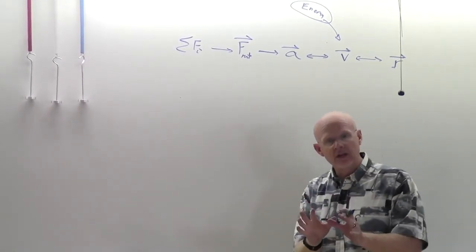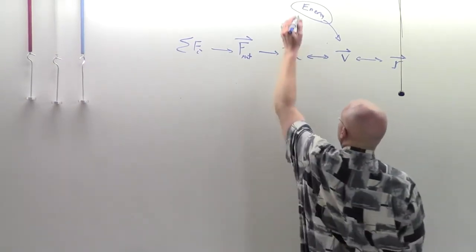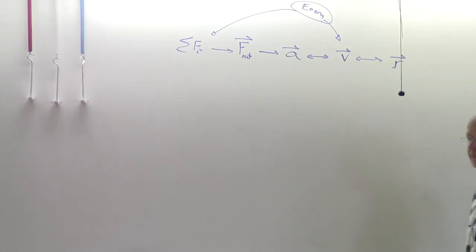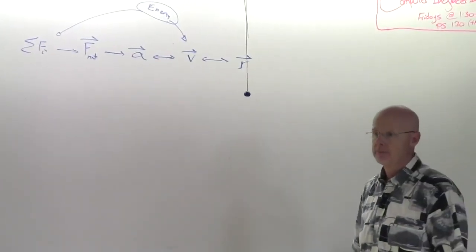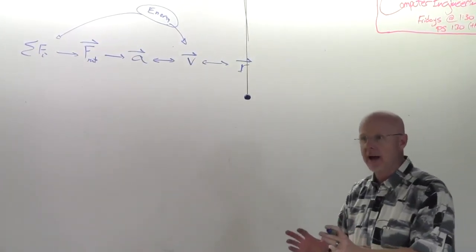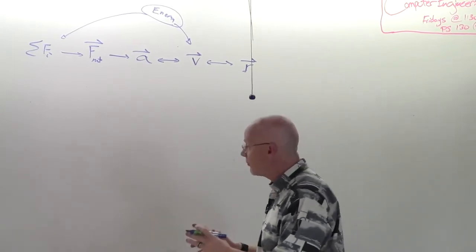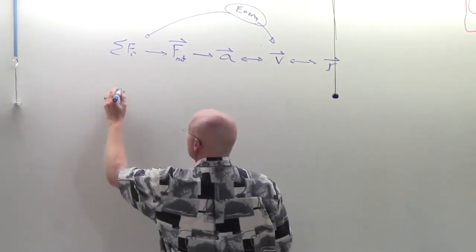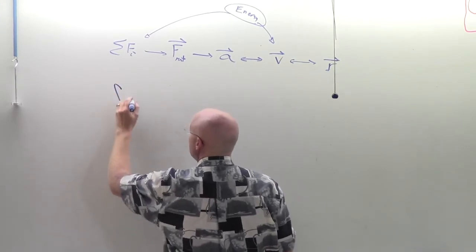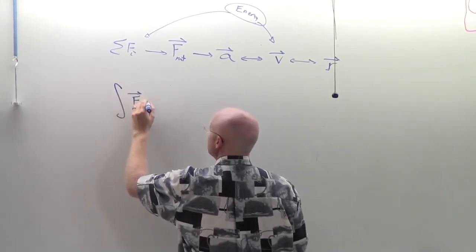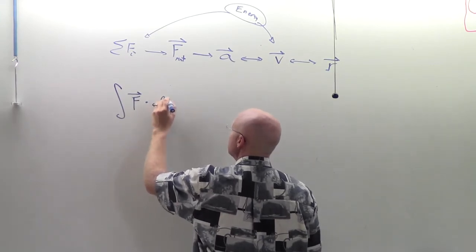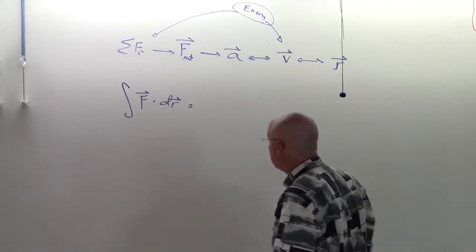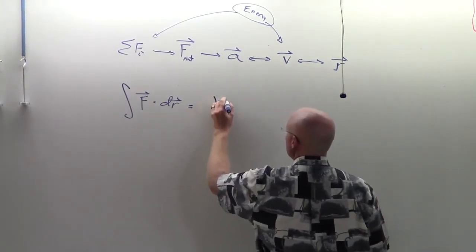But that wasn't the only thing in this diagram. This diagram also said you can get forces if you know the energy term. But let's take a quick look at that before we go too much further. We said that if you integrated the force and the distance here, you would then get the work.